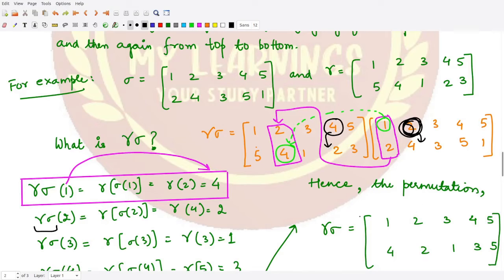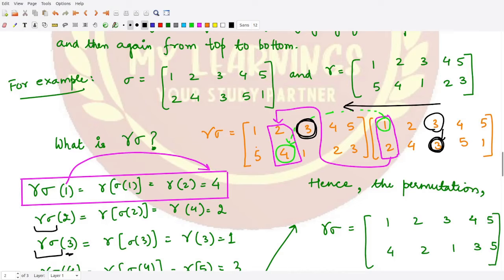For the next one, let's see gamma sigma of 3. Again moving from right to left, under 3 we have 3, so we look at 3 here. Under 3 we have 1. So 3 maps to 1 under the mapping gamma sigma. This is how we perform the calculation.